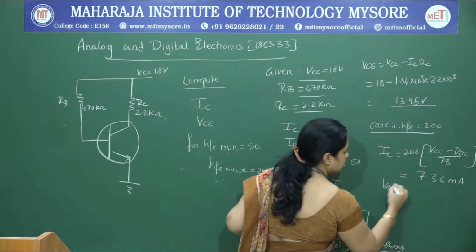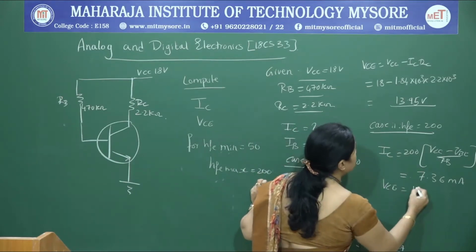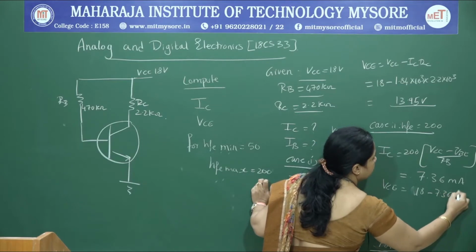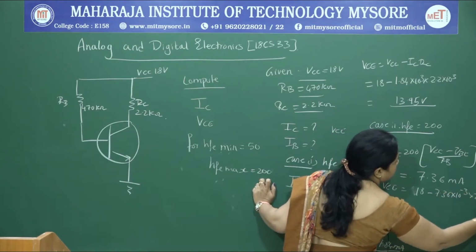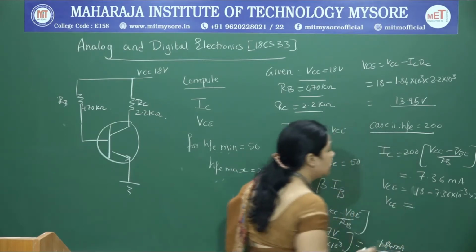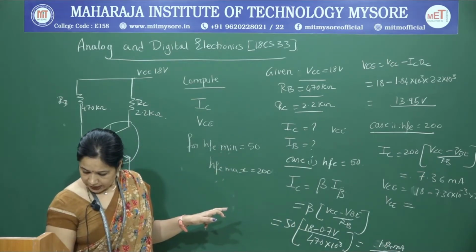And for VCE, substitute the corresponding value of IC in this expression: it is 18 minus 7.36 into 10 power minus 3 times 2.2 into 10 power 3, and the corresponding voltage VCE is going to be 1.8 volts.